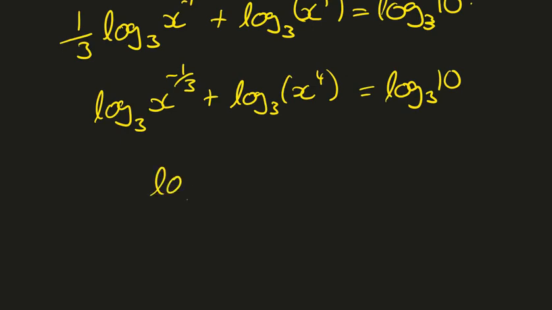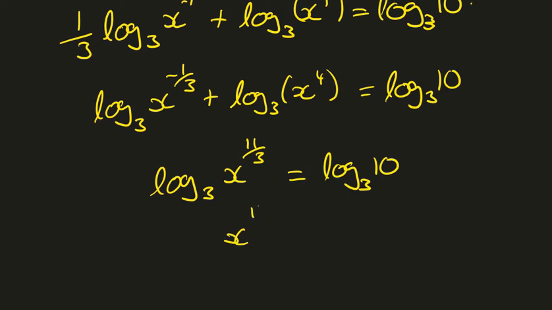We're going to have log base 3 of x to, well, think of that 4 as being 12 over 3, so we'll have 11 over 3 equals log base 3 of 10. So if that's the case, we've got log of this is log of that, we can drop the logarithms completely and say that we've got x to the 11 over 3 is equal to 10.